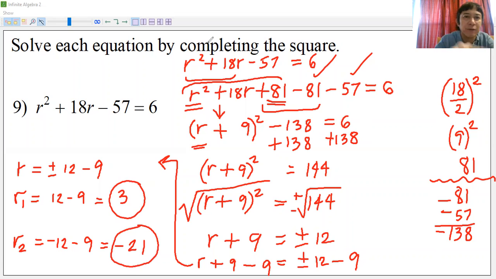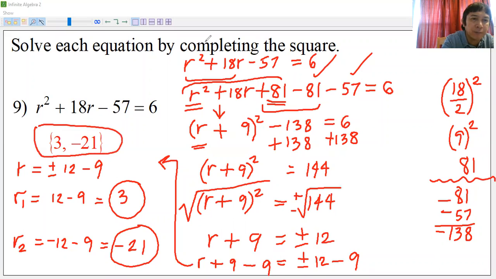Okay, and we shall verify afterwards. It's over here below the given. You can see it over here. That's 3 and a negative 21. They're separated by the comma inside the braces, the symbol for set. So 3 positive and the negative 21.